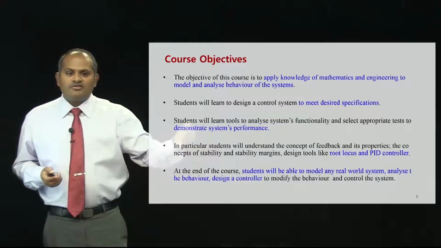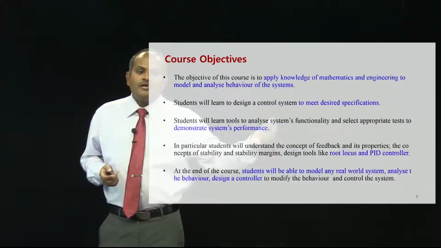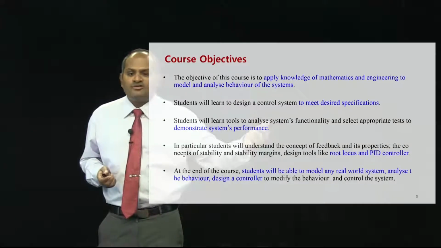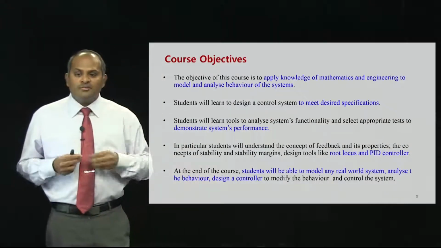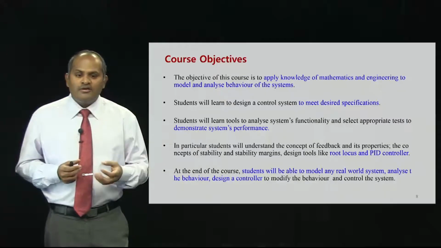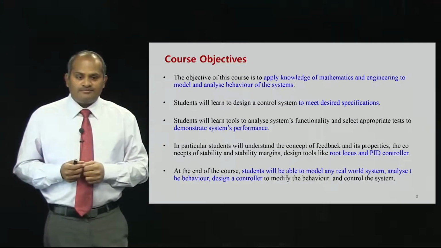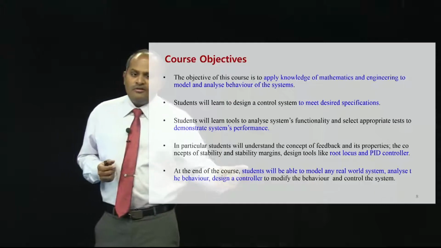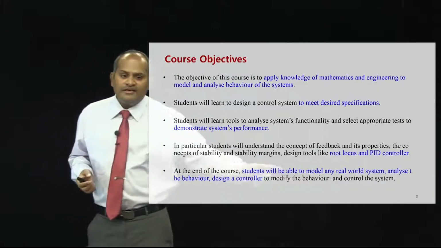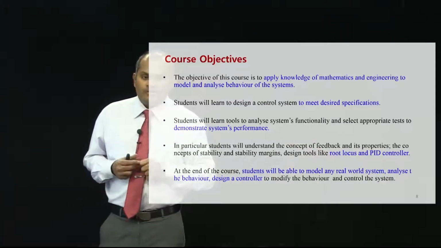And students will also learn to analyze the system functions and select appropriate tests to demonstrate them. So, you can also learn some testing techniques on how we test the system performance. The main aspect we learn is the design techniques such as root locus and PID controller.